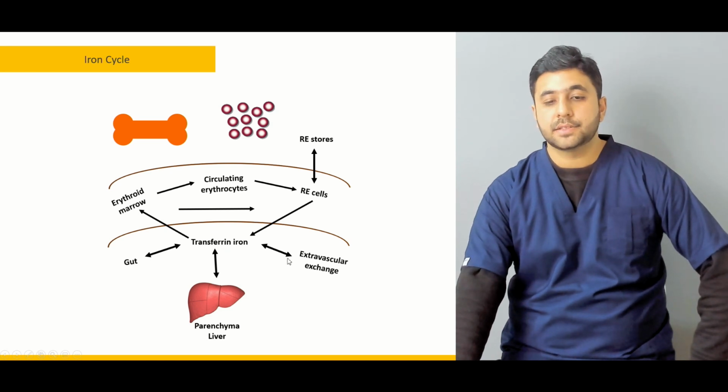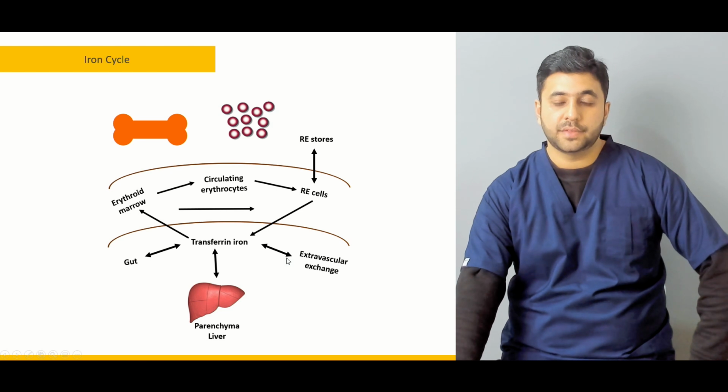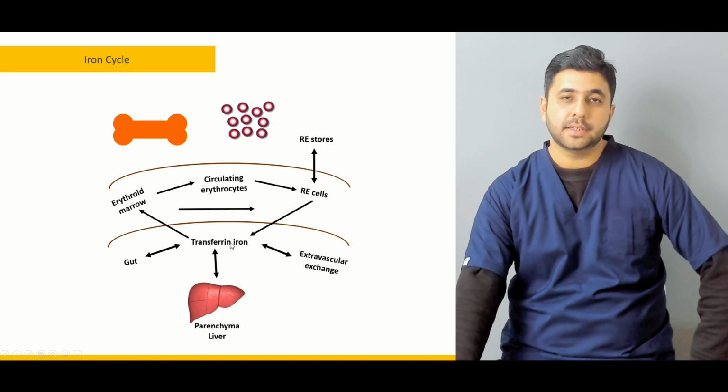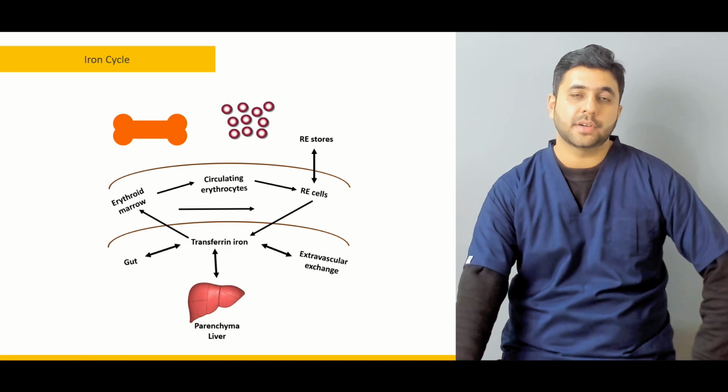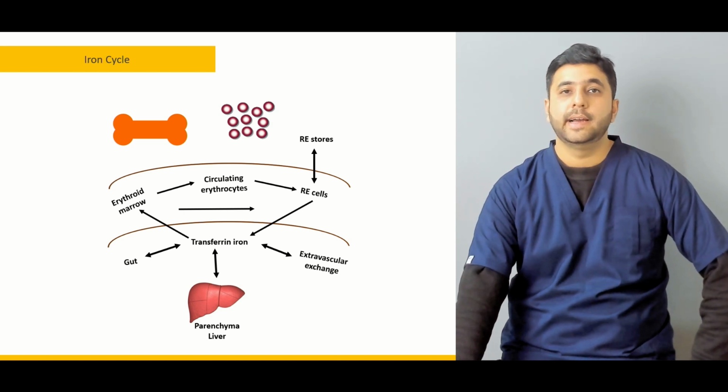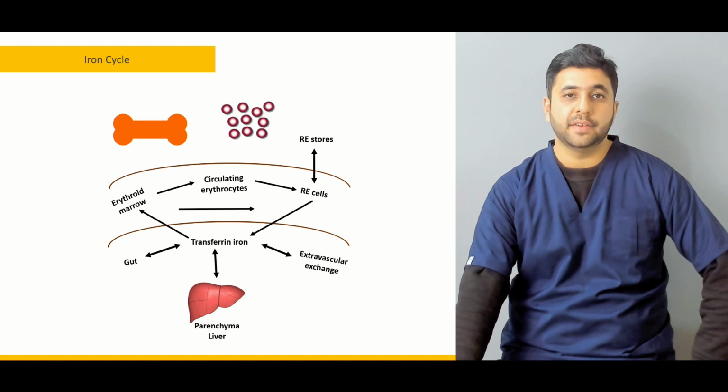And there is also extravascular exchange at the level of the cells, and the iron which is broken down by the reticuloendothelial system, which breaks down the old RBCs, the iron released from those old RBCs is also taken up by transferrin. So the iron present in plasma is all bound by the transferrin. There is no free iron in the plasma because it is very highly toxic, and iron can lead to the production of free radicals if it is freely available.